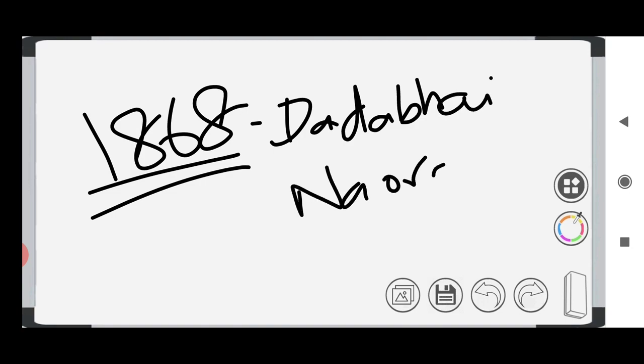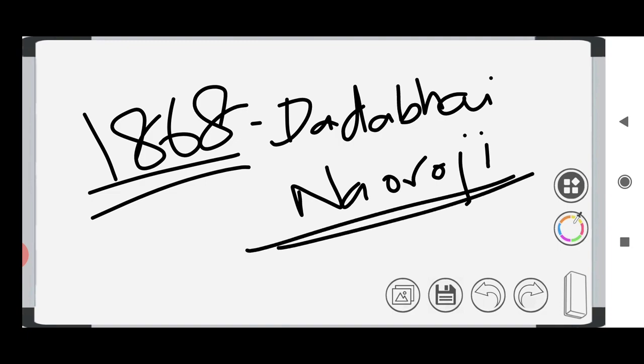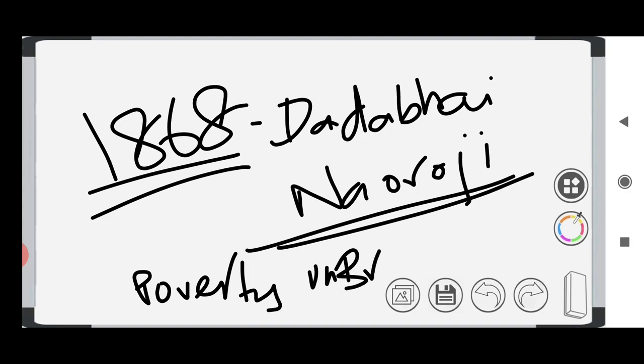Dadabhai Naoroji is the grand old man of India, and his books include Poverty and British Rule. He talked about poverty, and he also put forward the drain of wealth theory. These are the works relating to Dadabhai Naoroji, the grand old man of India.